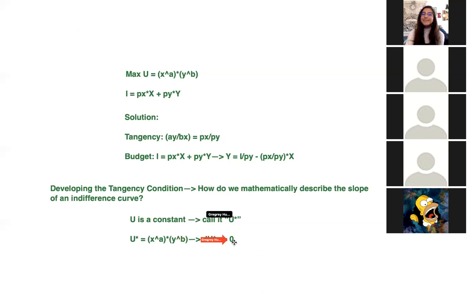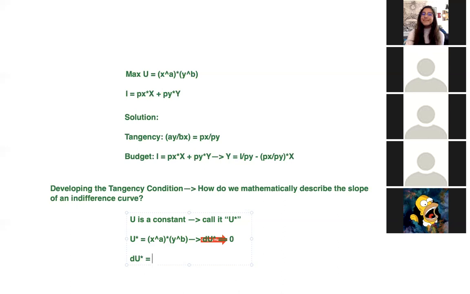Now what I can do is ask how I can change the stuff on the other side of this equation. So if I just in general say, okay, dU star is equal to, well, now I'll go ahead and write this generally.